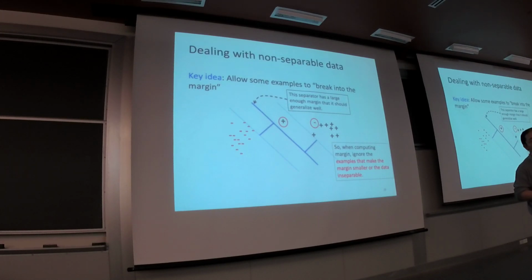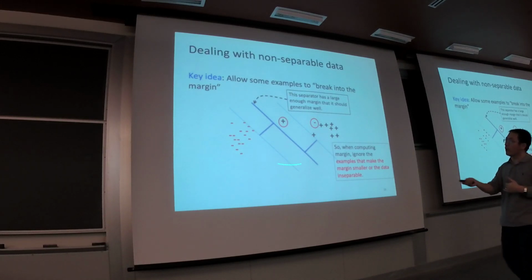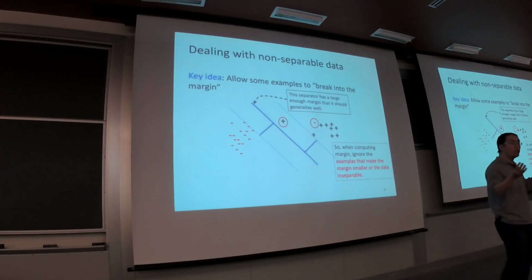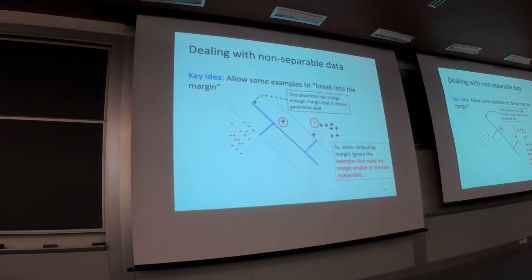let's just remember, right? The generalization error is upper bounded by two terms. One term is the training error. The other term is the data-dependent VC dimension, right? So if we ignore most of the training examples to break into the margin, that means you misclassify most of the training examples. You have a very large training error, right?